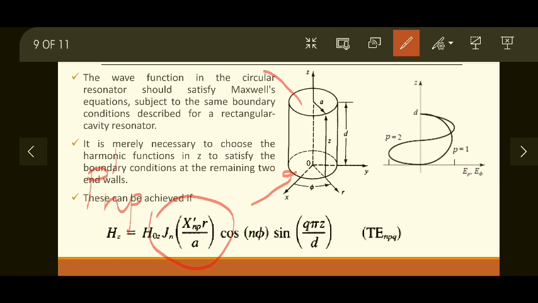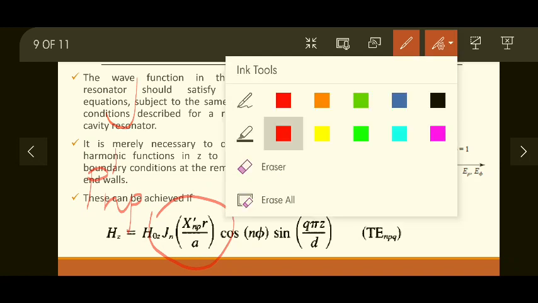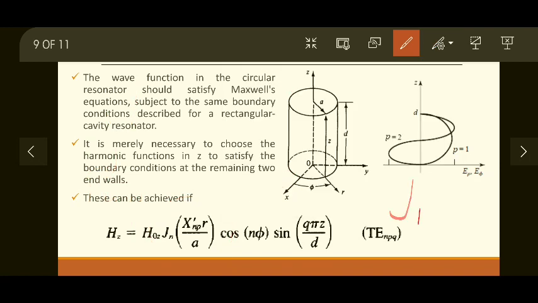What is p dash np or x dash np? It is the root of the derivative of the first kind of Bessel function. The derivative of the first kind of Bessel function is Jn dash, and the root of this is p dash np or x dash np. Understood?